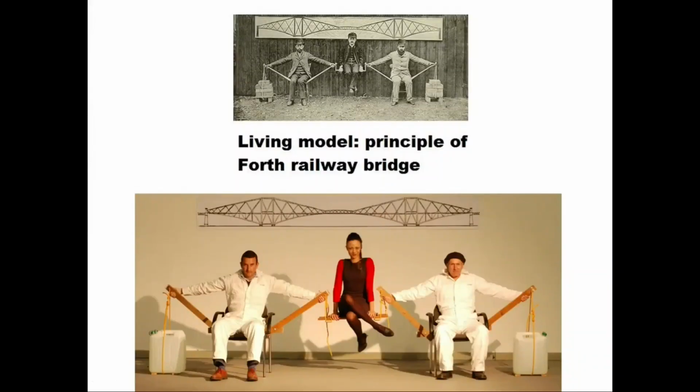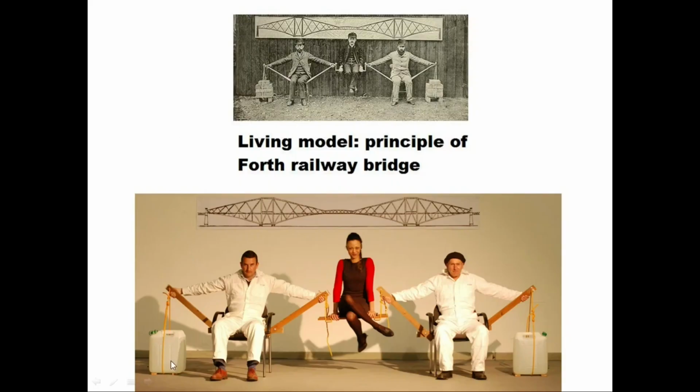Yes, well, there's an interesting, that's me by the way, that's Will McLean, and that's our glamorous assistant. The designers of the Forth Rail Bridge set up this model, and they called it the living model, to explain how the bridge, this cantilever principle, worked. And we recreated it. We thought it might be an interesting thing to do.